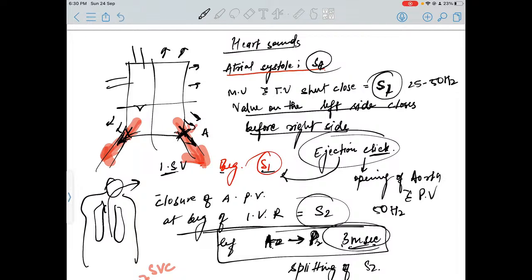And S1 and S2 can be heard via the diaphragm of the stethoscope. Now, mitral and tricuspid area. The lub takes around 1.4 second, and this one takes around 0.11 second.